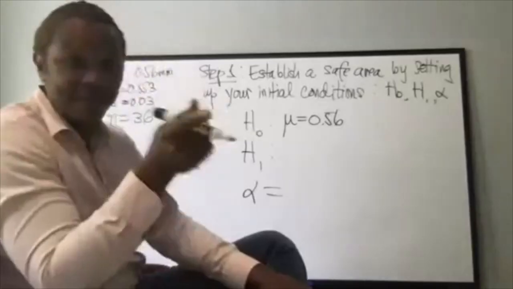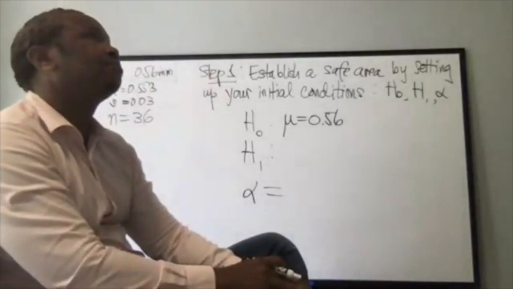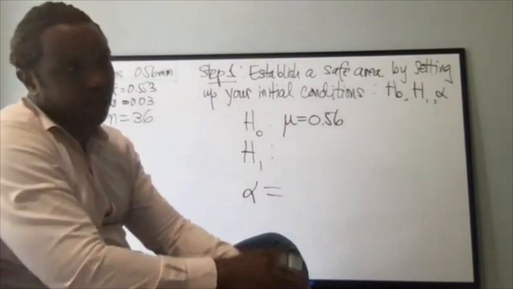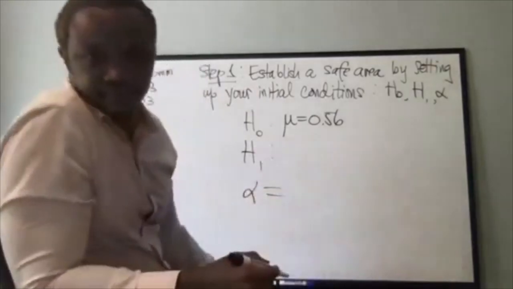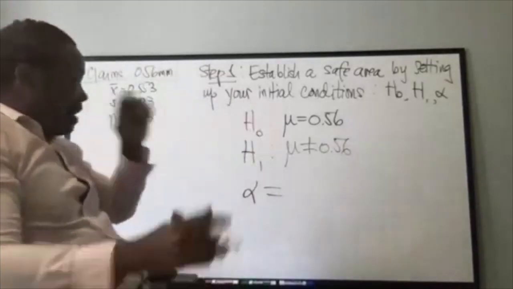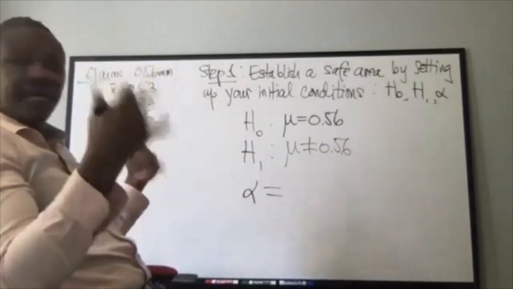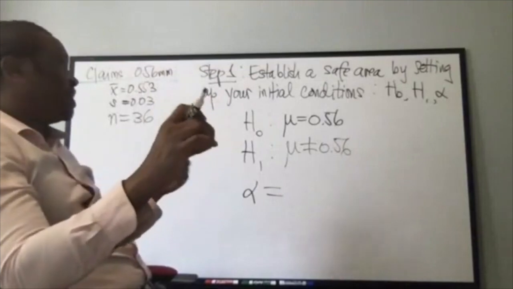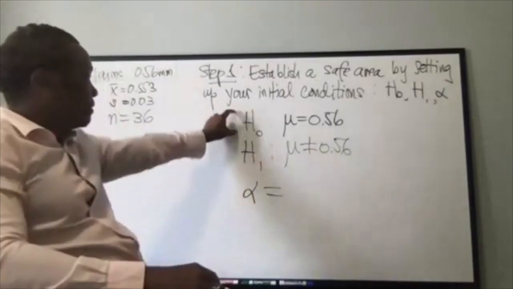Not quite, but I understand where that's coming from. Well, the opposite of equal is not equal. Good. So we won't necessarily change the sign of that. The competition here is either the average thickness is 0.56 or the average thickness is not 0.56, right? So it's going to be the opposite of our null hypothesis.